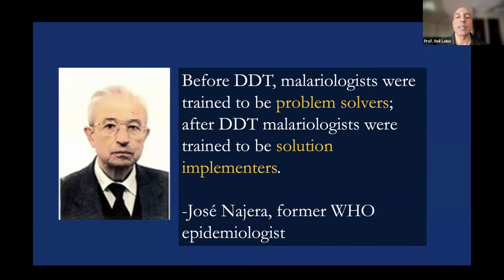And this means that when DDT came about, it was such an effective intervention that the programs just told everyone in the program, go out, spray DDT everywhere without having to think. People tell countries, give everyone a bed net without thinking. Give everyone IRS. Just do the intervention, implement the intervention. But people aren't trained to be problem solvers.